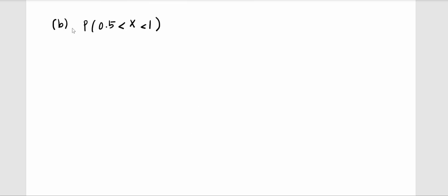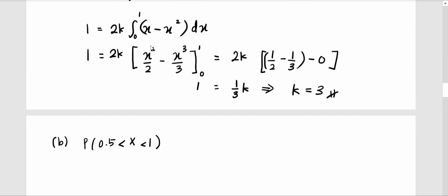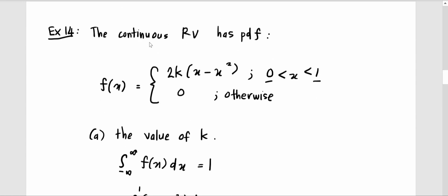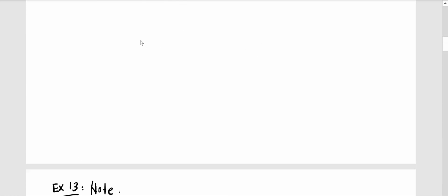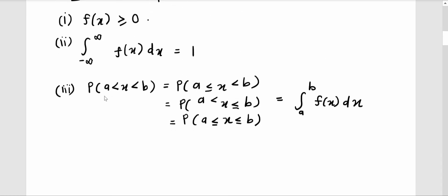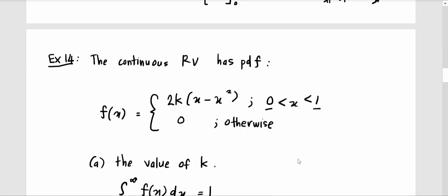Okay, now we proceed to question B, the probability from 0.5 to 1. From the third property, we already mentioned that the probability of X from A up to B is equal to the integration from the lower limit up to the upper limit of the function.